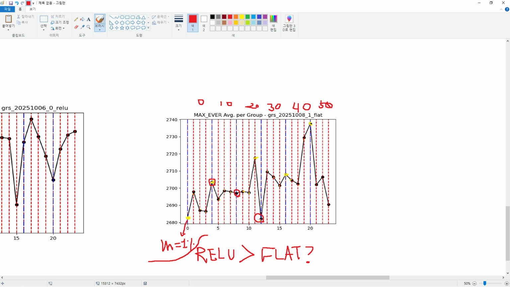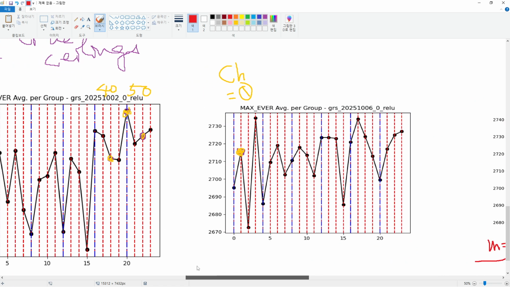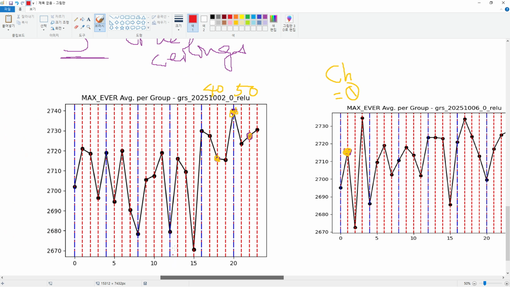Oh no. 3, 4, 5, 6. Yeah, actually the trend is a bit different here, isn't it? I misjudged.